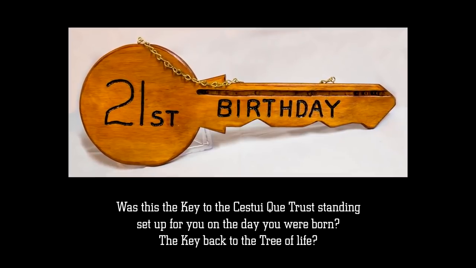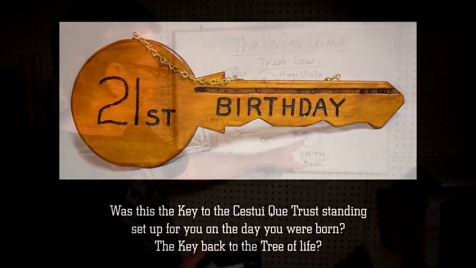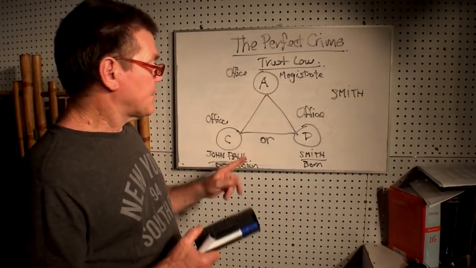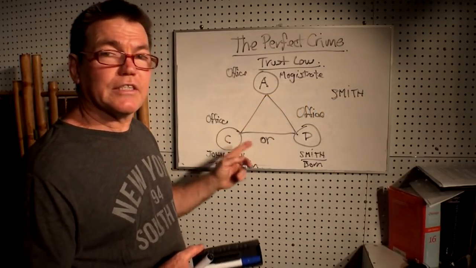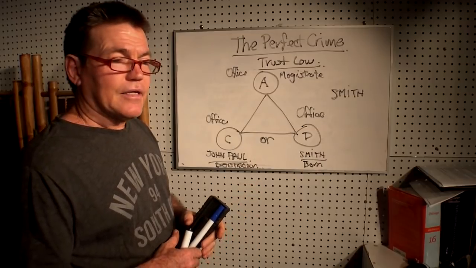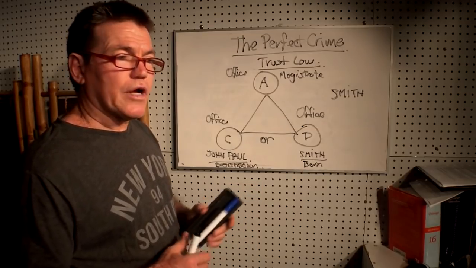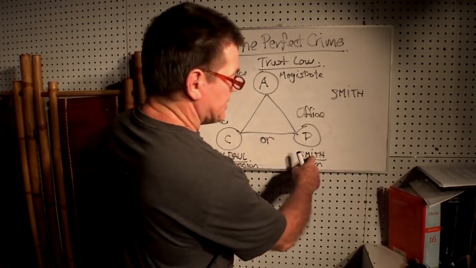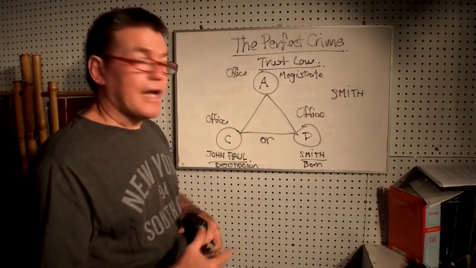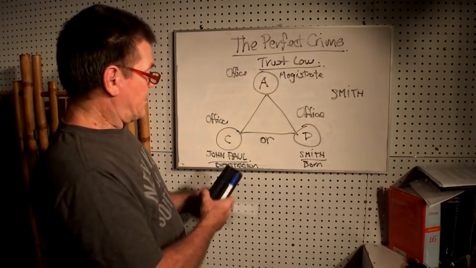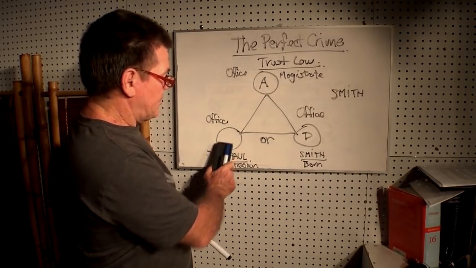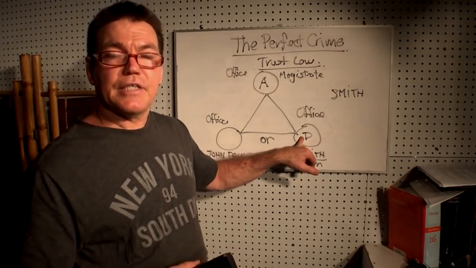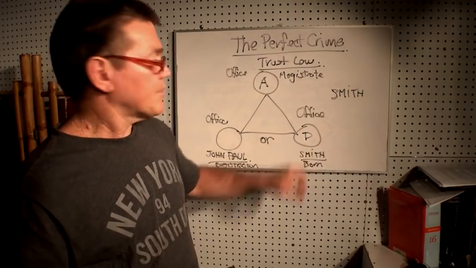Well, it's really the sister key trust. It's a key to access the creditor standing inside this quasi trust. But if you don't take that key and you don't work out what you're doing, and you maintain the name, your surname, Smith, then you are deemed to not be the creditor. You remain as the debtor after you turn 21.